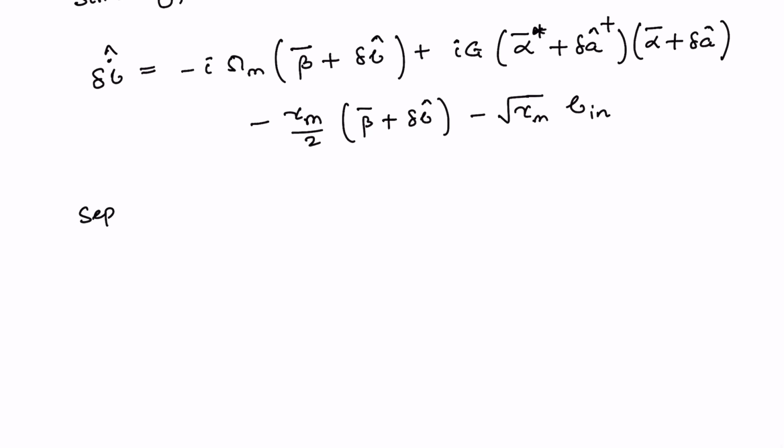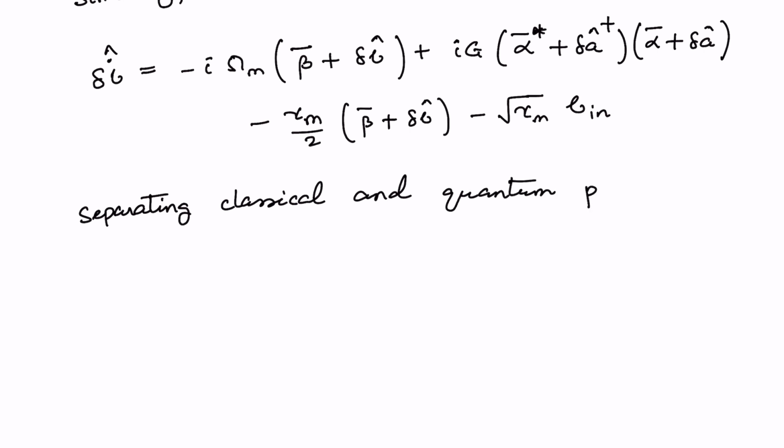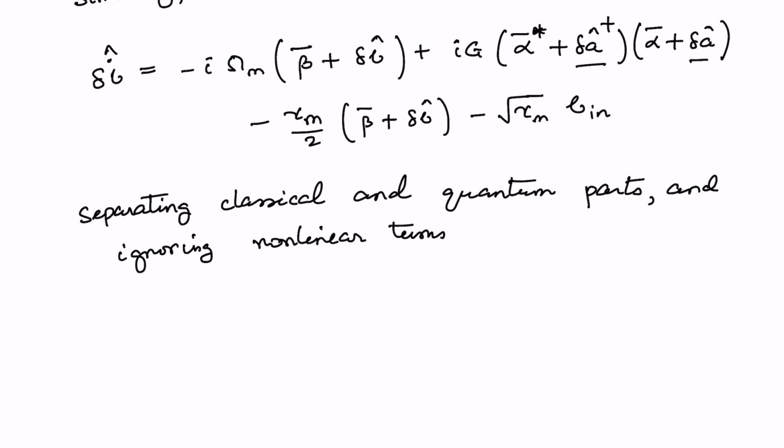So let me write here: separating classical and quantum parts and ignoring nonlinear terms, such as you are going to have δA†δA, this kind of products you have to ignore.